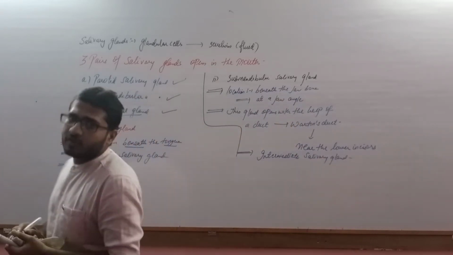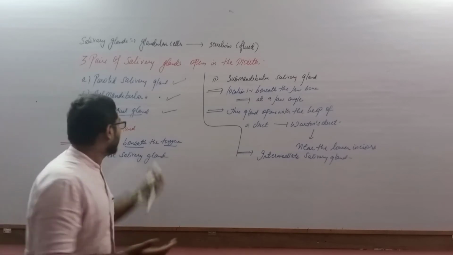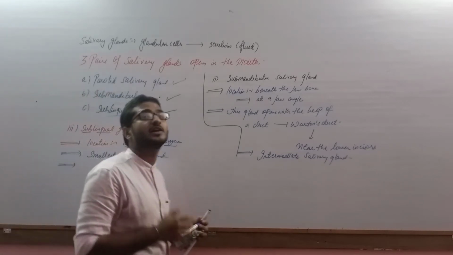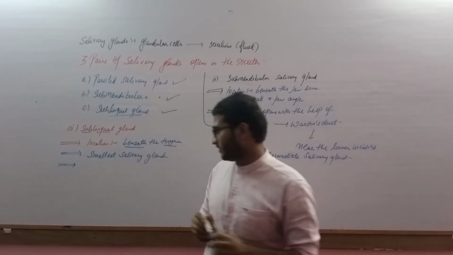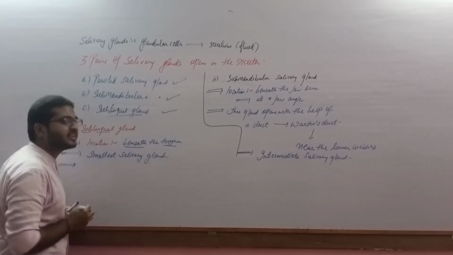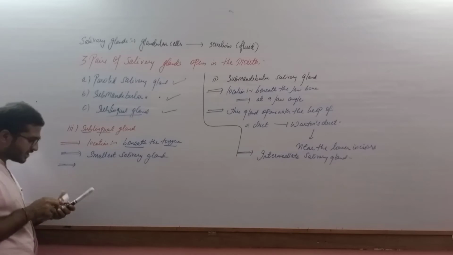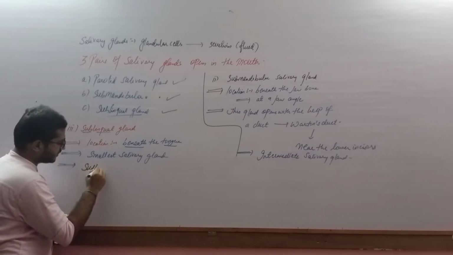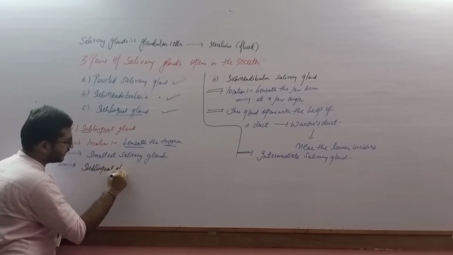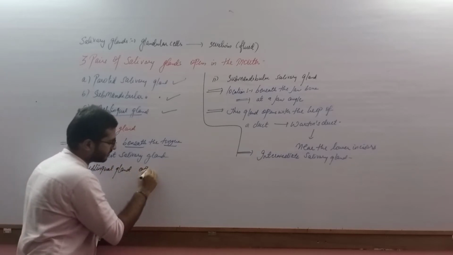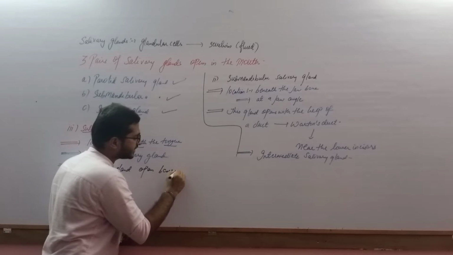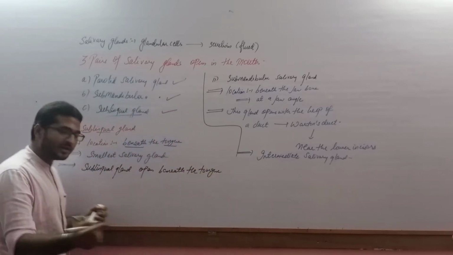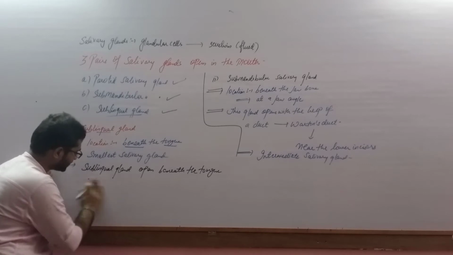Okay. Now, like the parotid or submandibular submaxillary gland, this gland also opens with the help of a duct, and the duct name is duct of Rivinus. So the sublingual gland opens beneath the tongue with the help of one duct, and a duct is a tube-like structure.